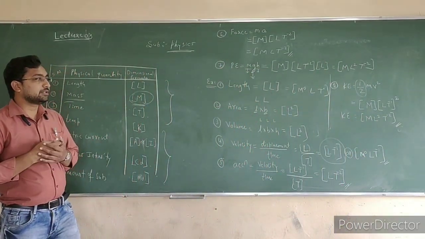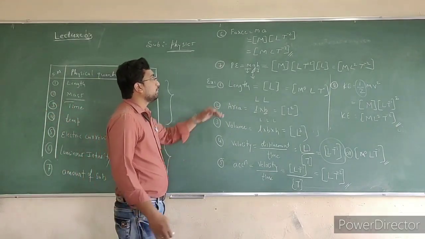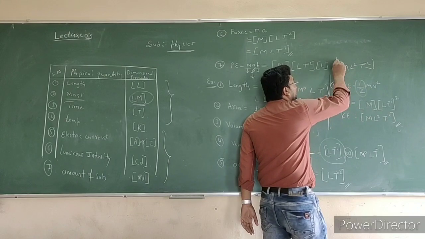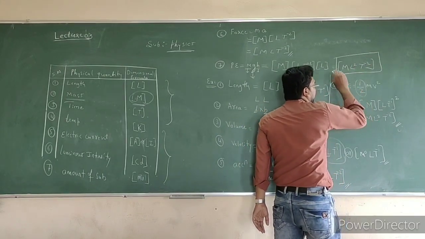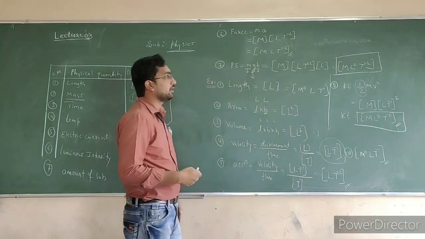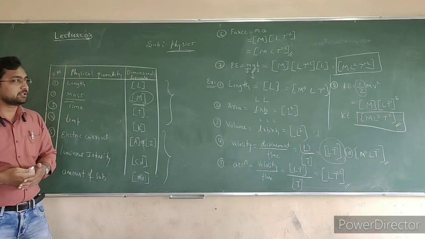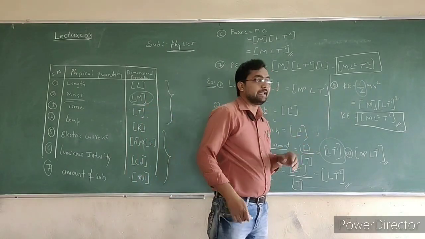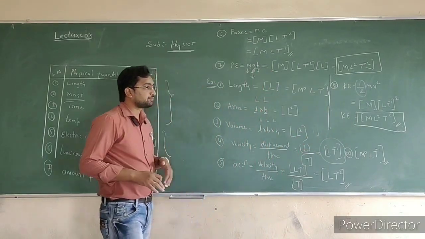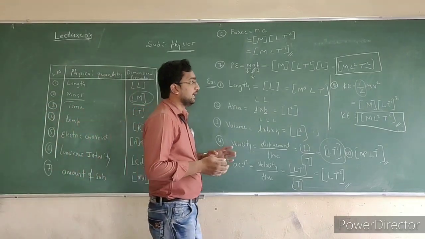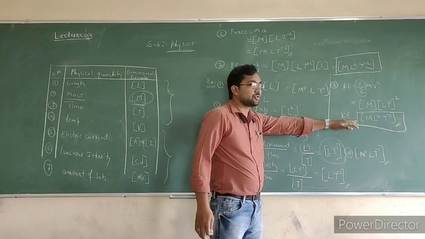Here one observation is there. Potential energy and kinetic energy, both dimension formulas are the same: M L square t to the power minus 2. If physical quantities have the same SI unit, they have the same dimensional formula.